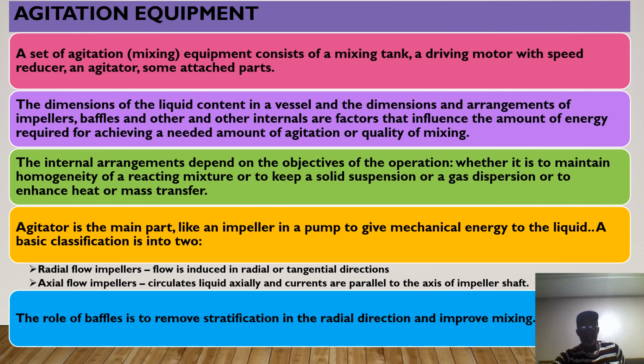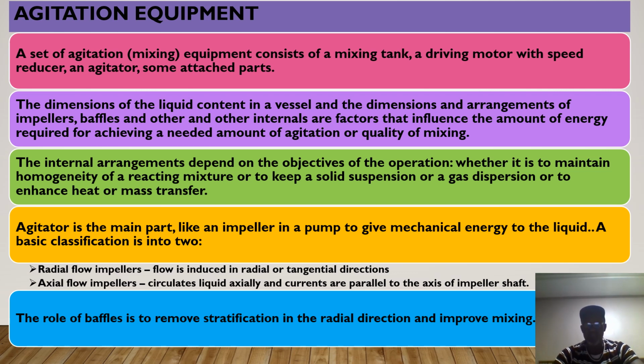But the agitator is the main part, like an impeller in a pump, giving mechanical energy to the liquid. The basic classification is into two: radial flow impellers, where the flow is induced in a radial or tangential direction, and axial flow impellers. This circulates liquid axially, and currents are parallel to the axis of the impeller shaft.